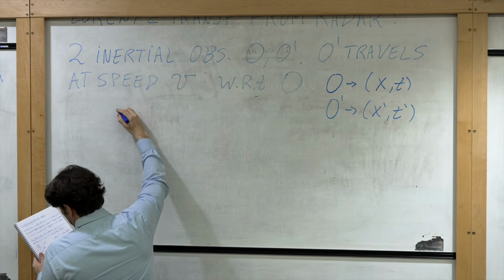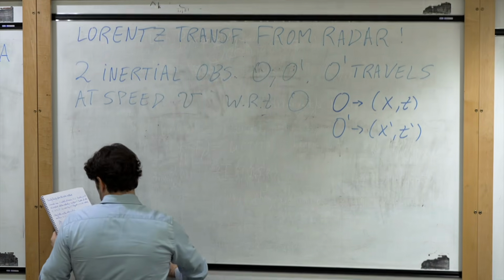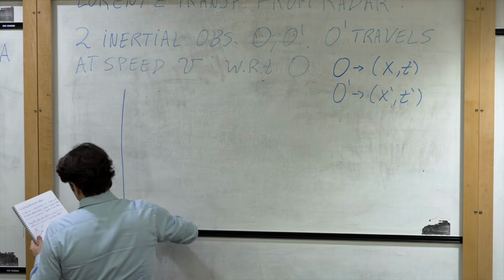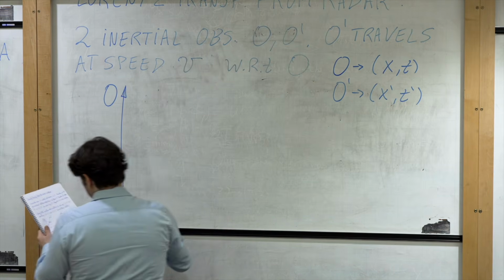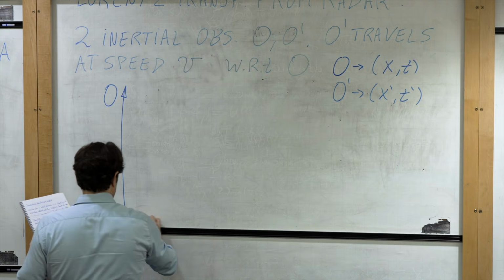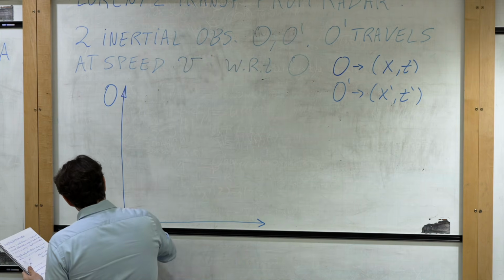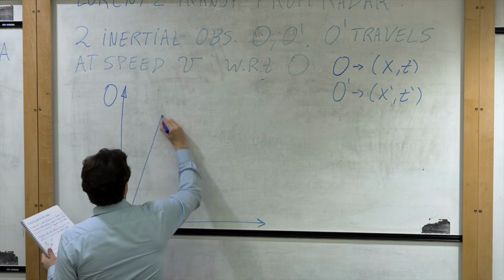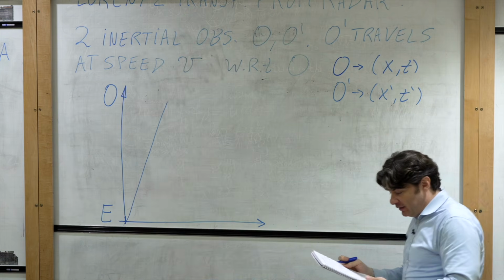All right? Good. So the picture that we do now is the following. I want to make it big because this is important. So imagine that here is O, and event E we define as the common time, the time at which O and O prime meet.